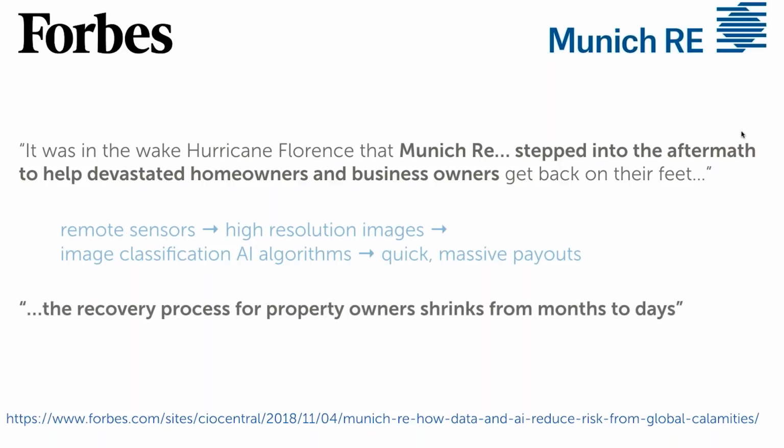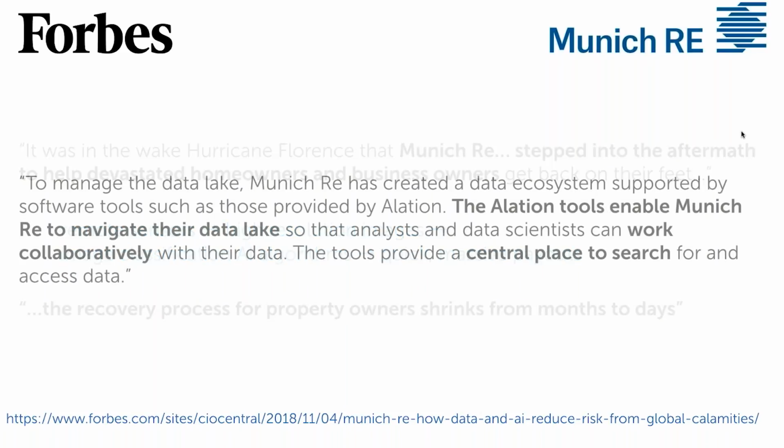And again, direct quote from the article, this reduces the recovery process for these property owners, which would have been months previously, and it shrinks to days thanks to these new high-tech techniques. So again, technology in the service of a very human story of people who are really hurting, being able to recover and be resilient much more quickly than they otherwise would be able to.